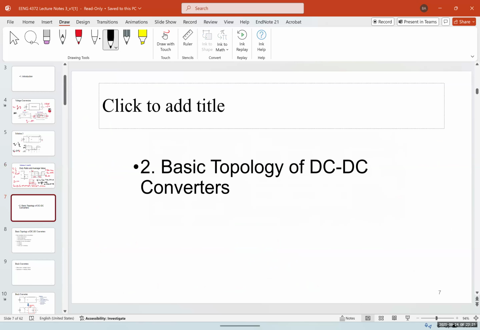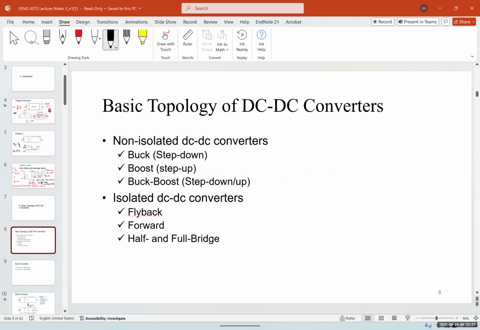Now, part 2, we're going to study the basic topologies of DC to DC converters, of which we have two main types. We have non-isolated DC to DC converters, like the buck converter, which is a step down, the boost converter, which is a step up, and the buck-boost, which is step down and step up.